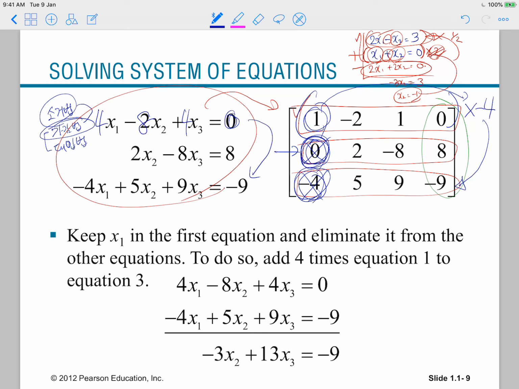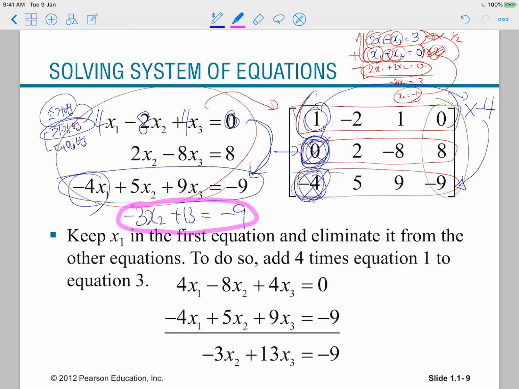Then we replace the last equation with that simplified equation. Once this guy is erased and we add it to the third equation, it's -3, right? Okay, and then this guy will replace this guy.